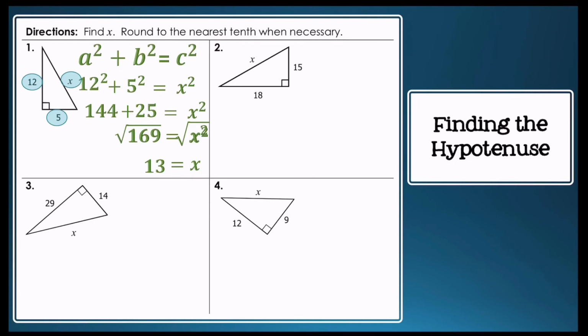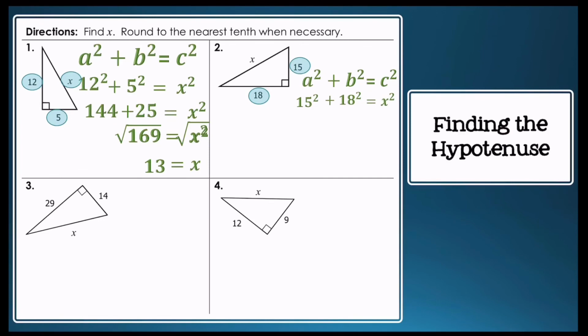Let's look at number 2. Again, always write your formula. Once you've written your formula, we are then going to look at our legs. I have 15. So I'm going to replace a with 15 and square it. My other leg is 18. So I'm going to replace b with 18 and square it.